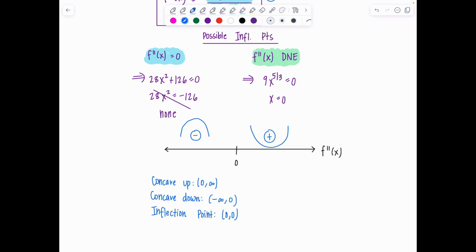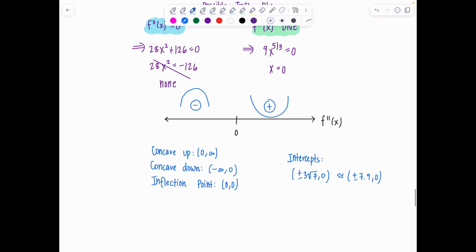Besides the inflection point 0, 0, remember we had x-intercepts, and then we also had some local extrema. So let me remind you what all of that was, okay? So we had intercepts at plus or minus 3 rad 7, comma 0, which is about plus or minus 7.9, comma 0. And then we had a local min at 3, comma negative 54 times the cube root of 3.